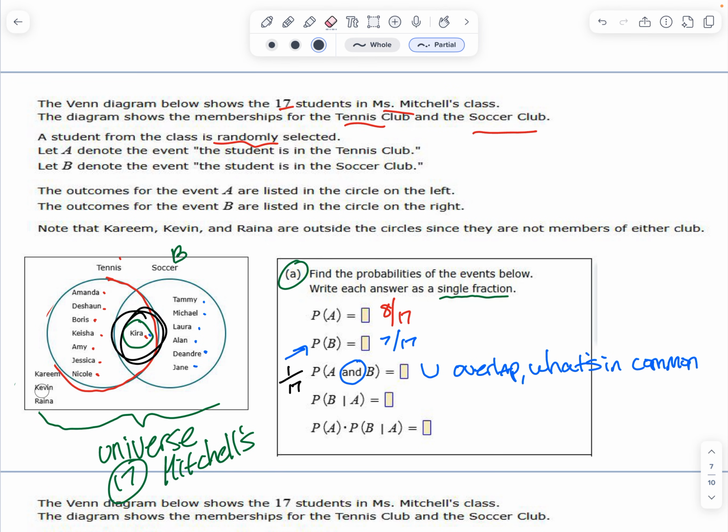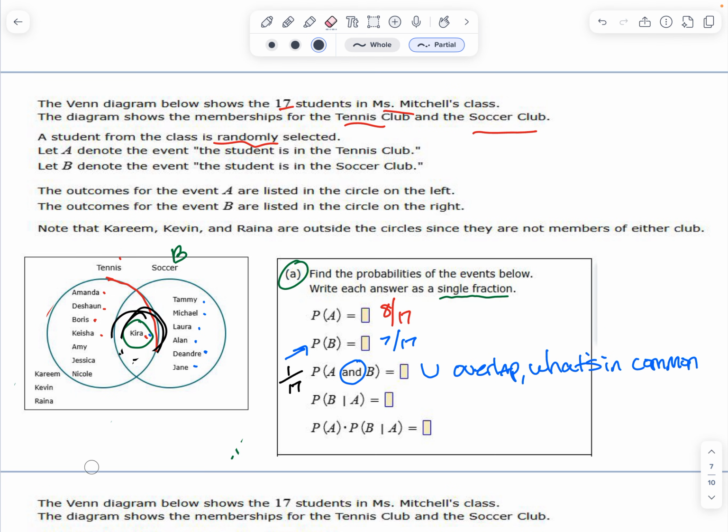Okay, we get to the next one. That's what's called a given probability. If you see that pipe symbol there, in between the B and the A, that means that you have to be very careful about what's going to be your denominator. So right after the pipe symbol, for me, I always focus on this is the probability that you choose someone in event B, meaning they play soccer, given, right, that they play tennis.